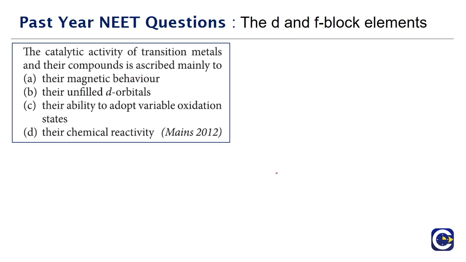Next we have another question from 2012. The catalytic activity of the transition metals and their compounds is ascribed mainly to, which means attributed mainly to what? If you look at the transition metals or their compounds, generally we have unfilled d orbitals.